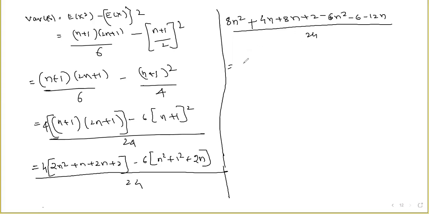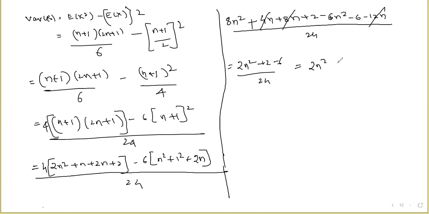8n square and 6n square, we have 2n square. See here, 4n plus 8n, that is 12n. This 4n, 8n, 12n minus 12n gets cancelled. So now plus 8 minus 6, that is 2, by 24.